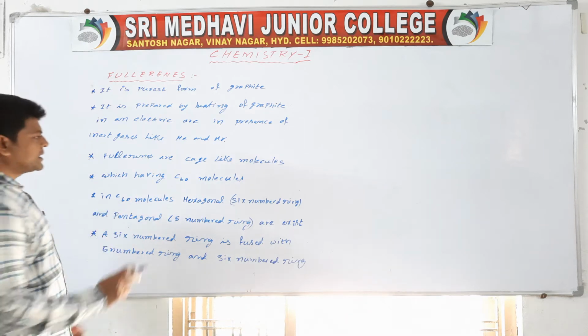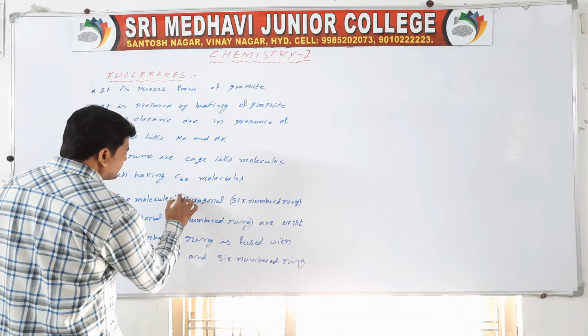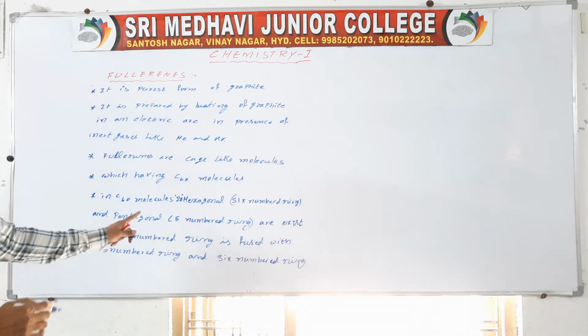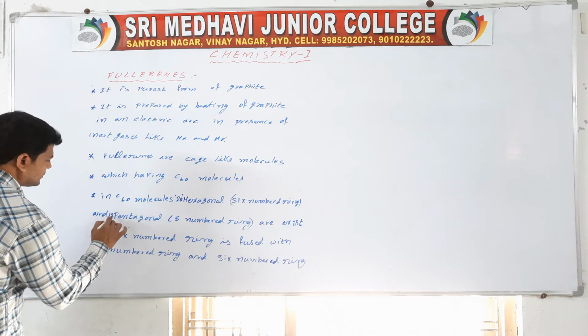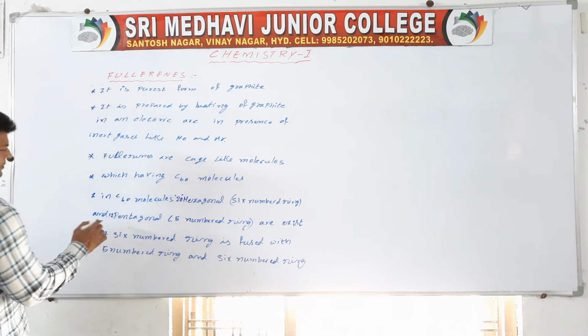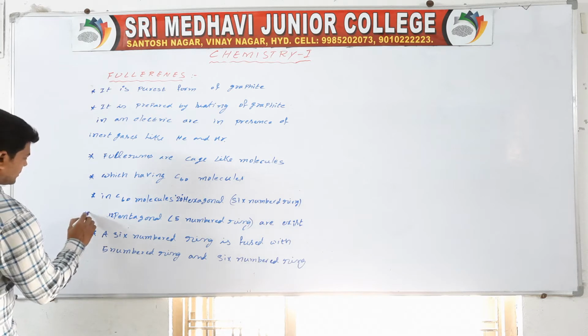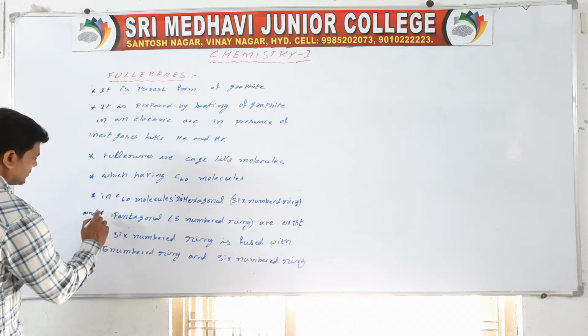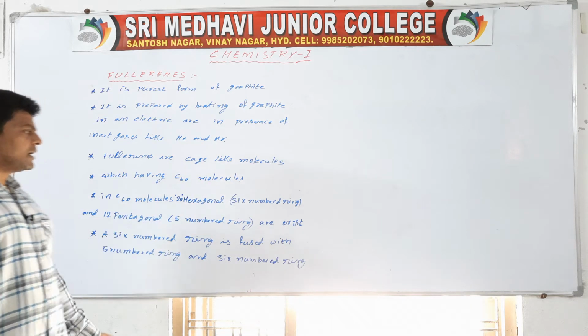Okay, in C60 molecules, 20 hexagonal and 12 pentagonal rings exist.